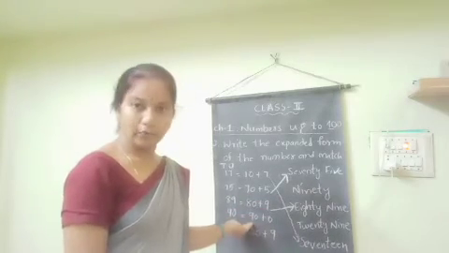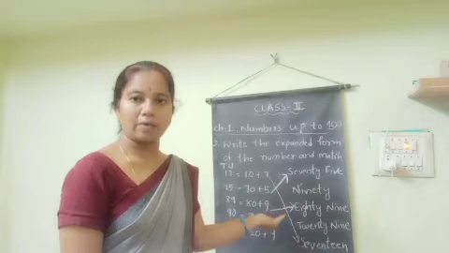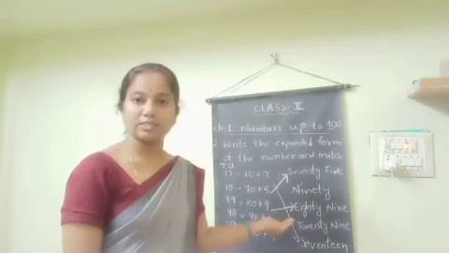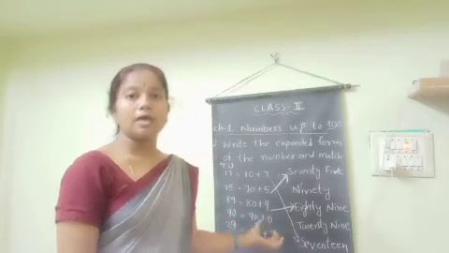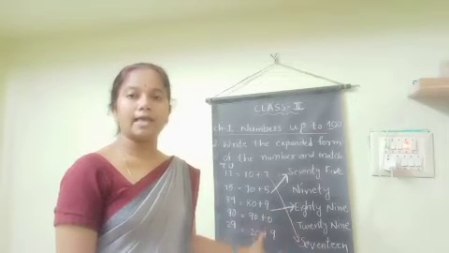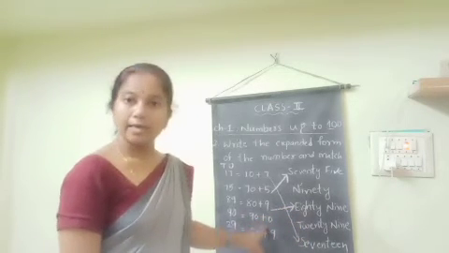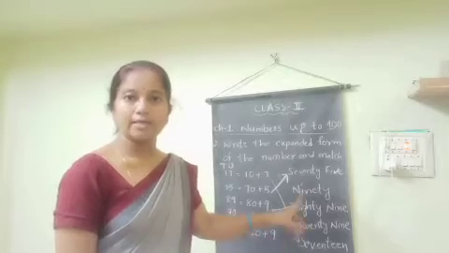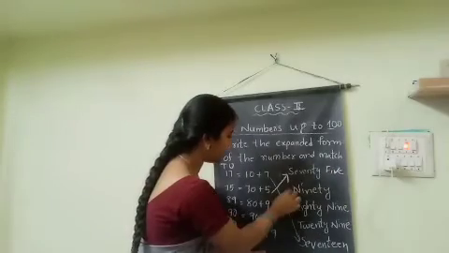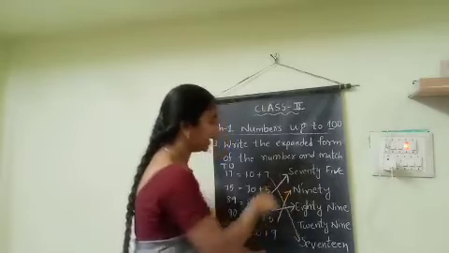So 90 you have and 0 ones. So what is the number name of 90? How to spell it? NINETY, 90. NINETY 90. So match with the number name 90. Where is it? Here it is.